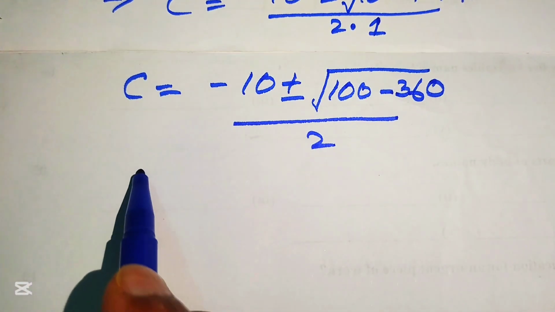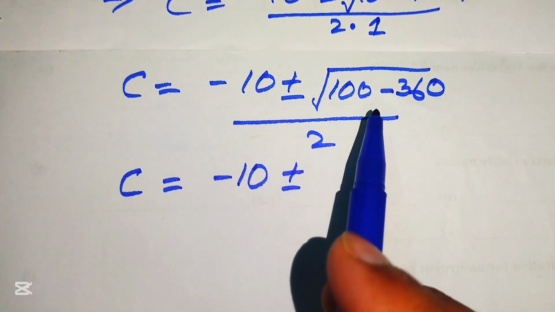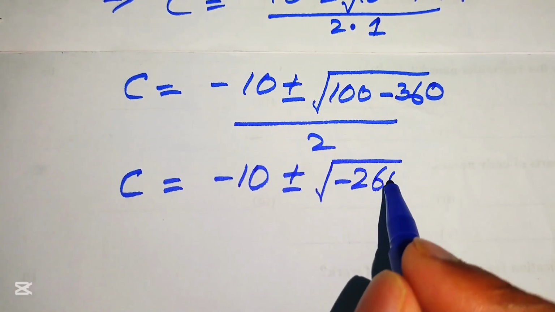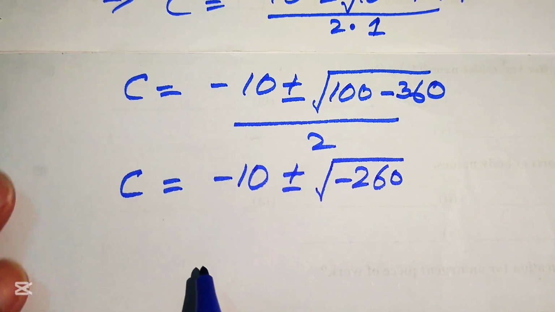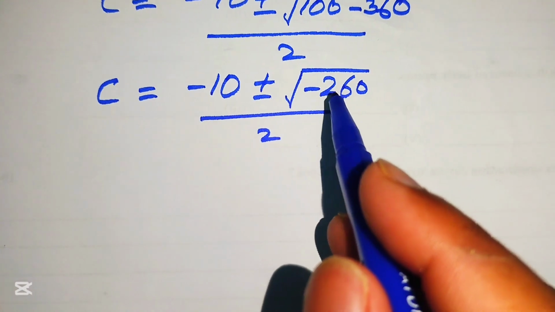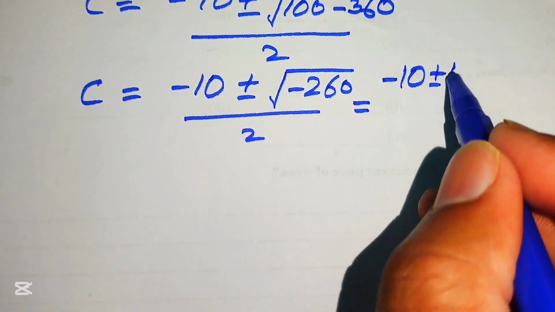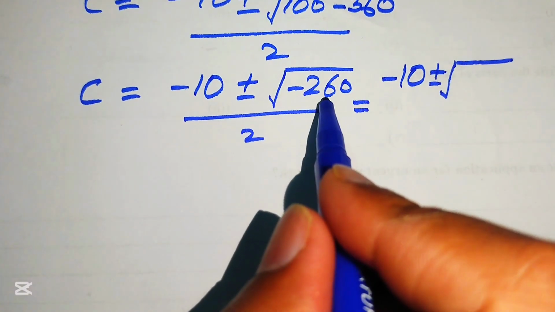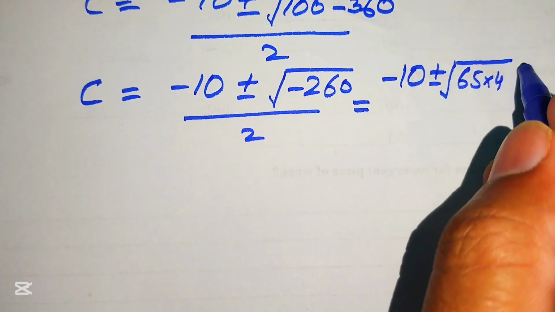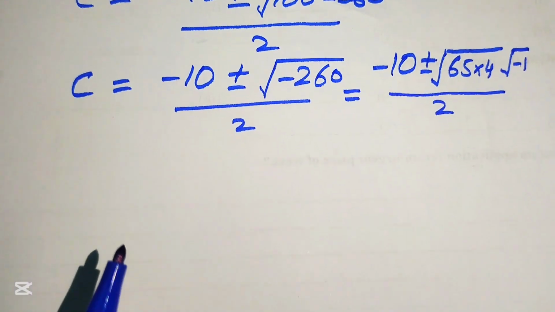Further we have c = -10 ± √(100 - 360 = -260), divided by 2. Now we break the term inside the square root sign: -10 ± √(260), and we write 260 as 65 multiplied by 4, and we separate the square root of -1, divided by 2.